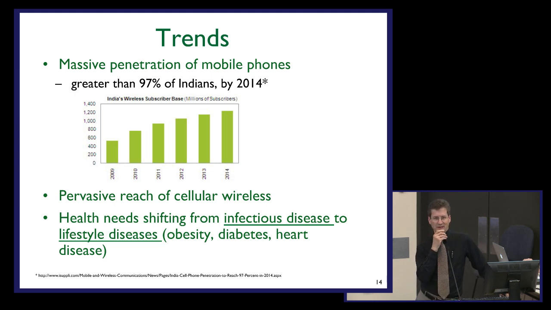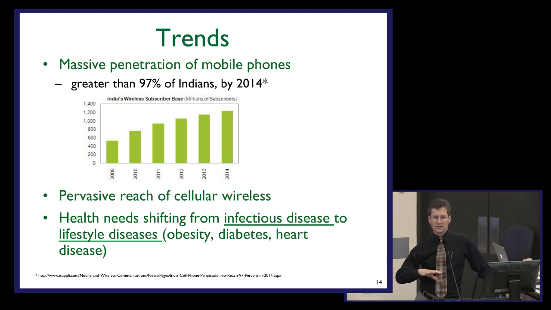So another trend that's kind of interesting, at least in India, which I know best, is the shifting health needs, actually. A lot of the developing world health challenges for the last 50 years were centered around infectious disease and problems related to that.